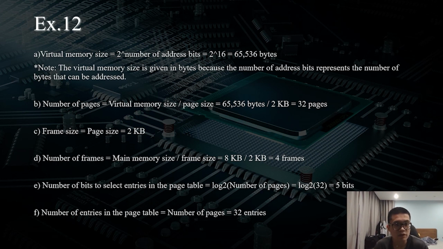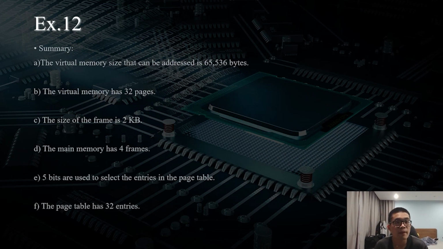The E question, number of bits to select an entry in the page table equals 5 bits. And the F question, the number of entries in the page table equals number of pages equals 32 entries. So we will have a summary of them. You can see that on screen.